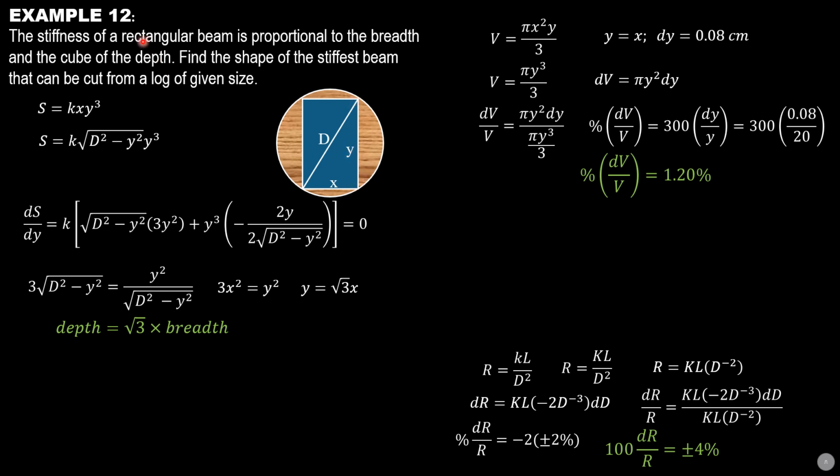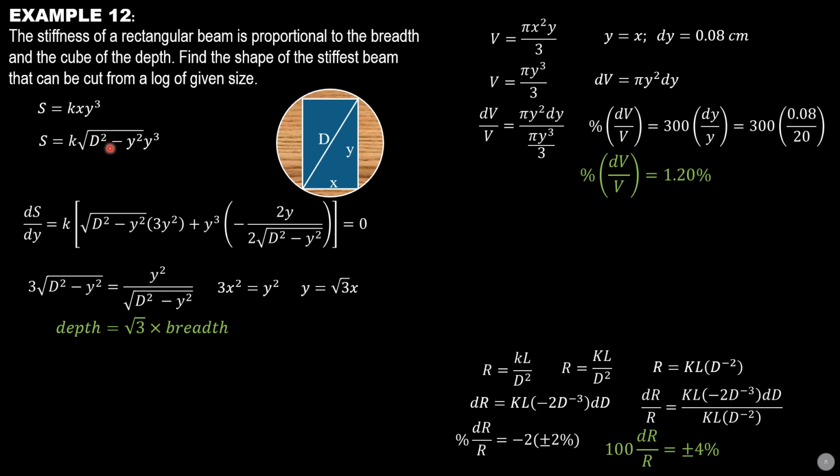So from this statement on variation, stiffness capital S is proportional to, so we have a constant of proportionality k, the breadth x and the cube of the depth, so y cubed. So replacing x by the Pythagorean theorem, x is the square root of D squared minus y squared.